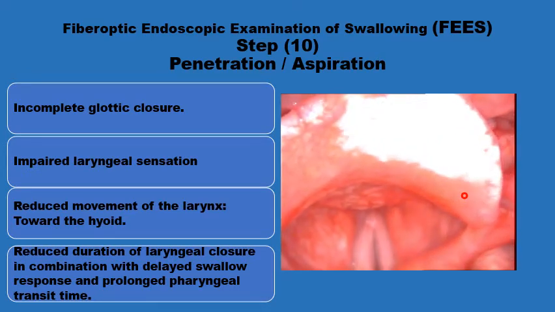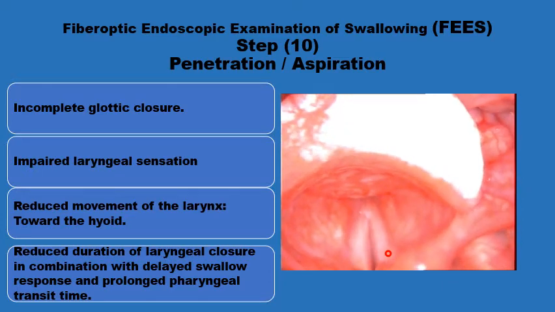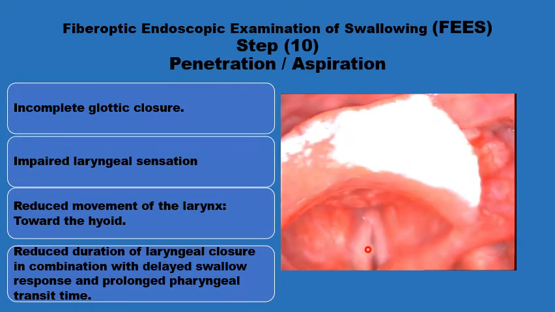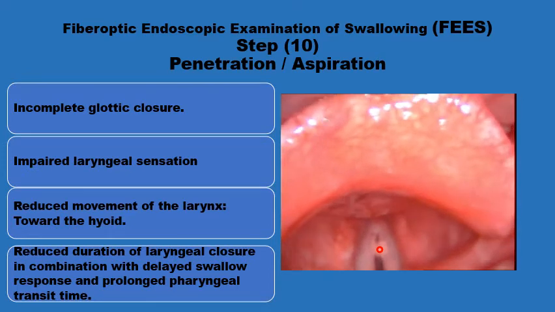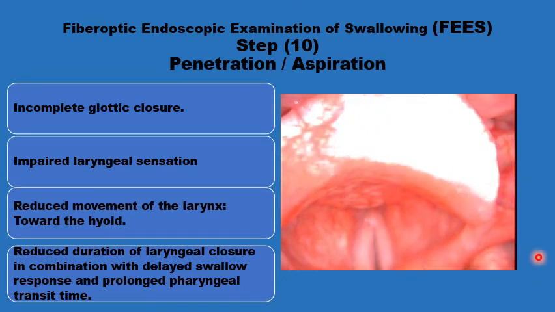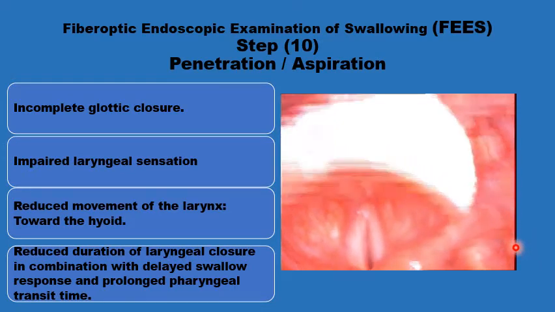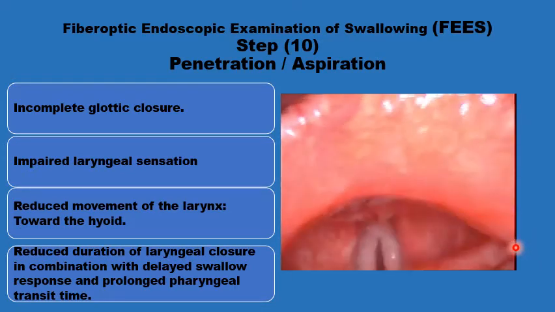It can also happen if there is a reduced duration of laryngeal and glottic closure during swallowing in relation to a delayed swallow or the presence of pharyngeal residue or prolonged pharyngeal transit time.